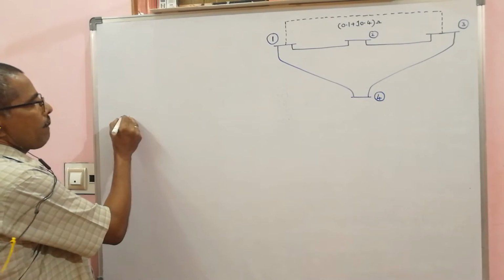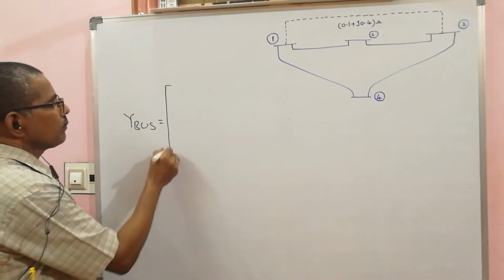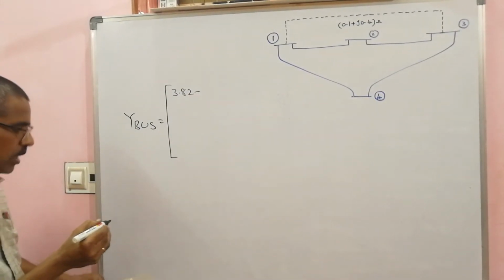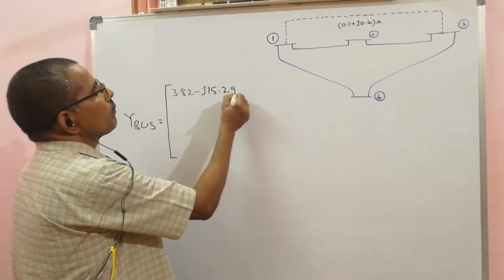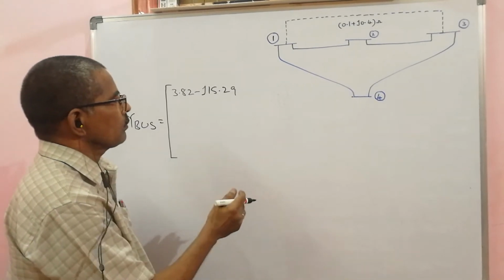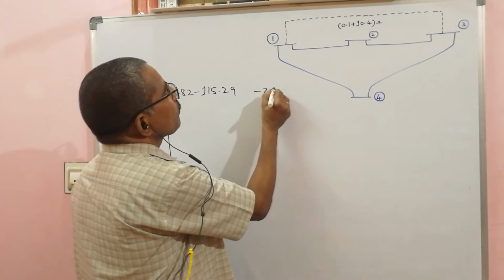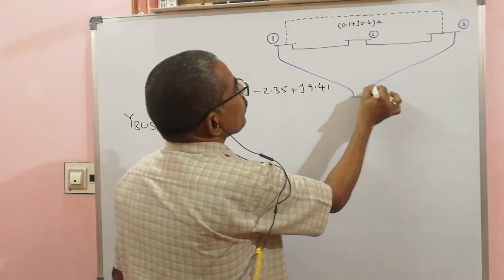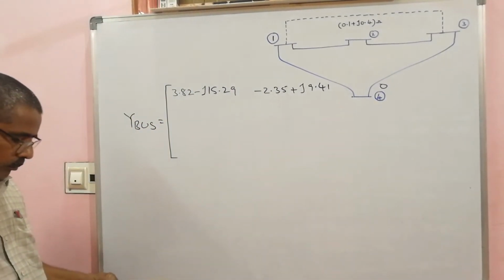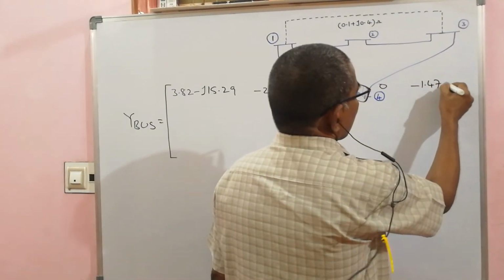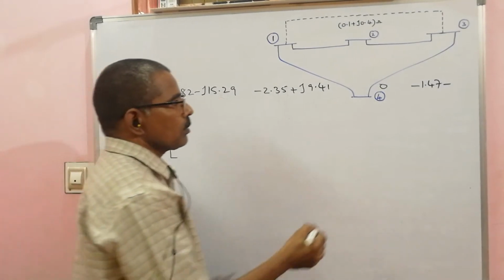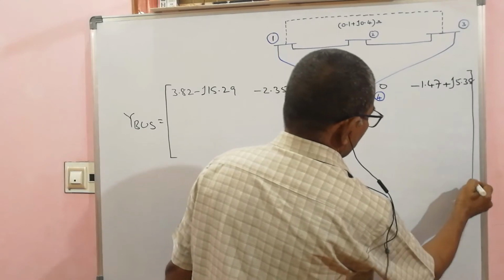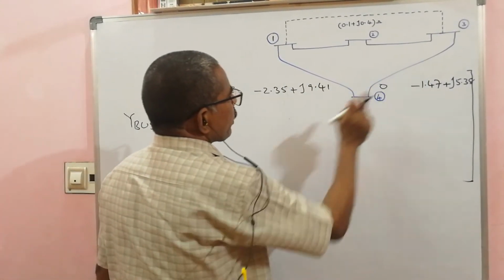So Y bus: Y11 is 3.82 minus j 15.29, Y12 is minus 2.35 plus j 9.41, Y13 is 0, then Y14.